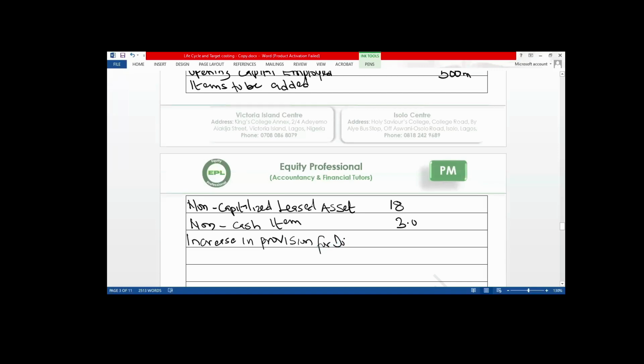The provision for doubtful debts was 2.5 million on the 2020 Statement of Financial Position. Good. Now please compare this 2.5 million with the provision for doubtful debts in the income statement.